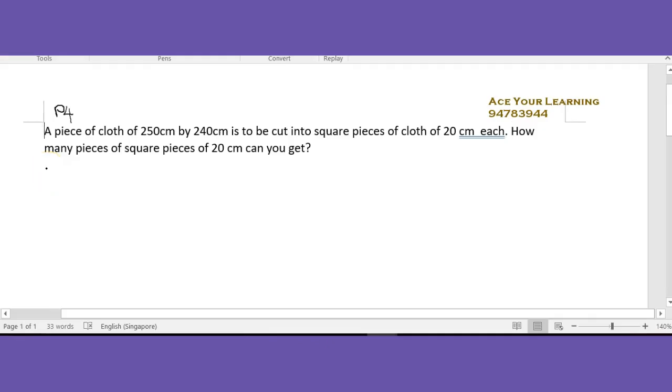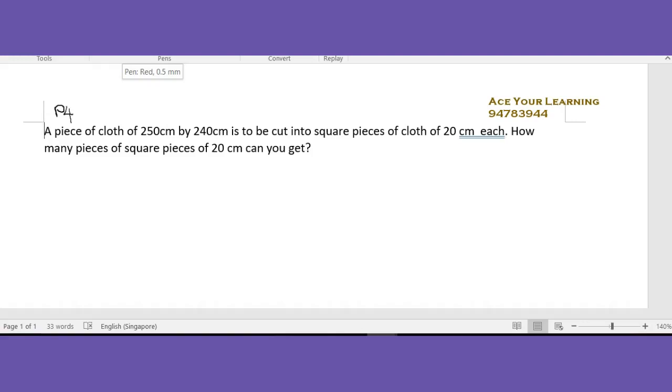Well, this is another question, which is very common in primary 4 when the children learn area. A piece of cloth of 250 cm by 240 cm is to be cut into square pieces of cloth of 20 cm each. How many square pieces of 20 cm can you get?